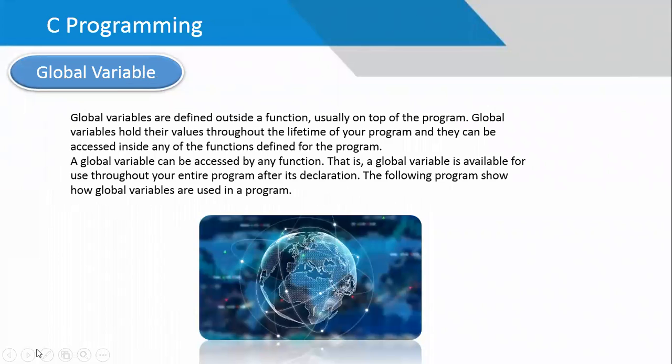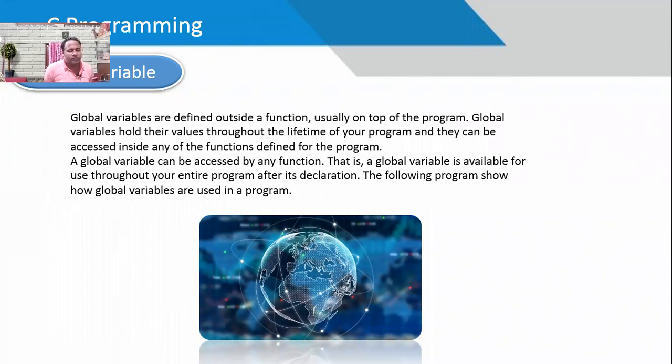A global variable is a variable that is defined outside of the function. So when you define the variable outside of the function, it is called a global variable. Global variable means you can access the value everywhere. Local variable means the variable's scope is limited within that function. A global variable is defined outside of the function, but you can access it anywhere in the class.